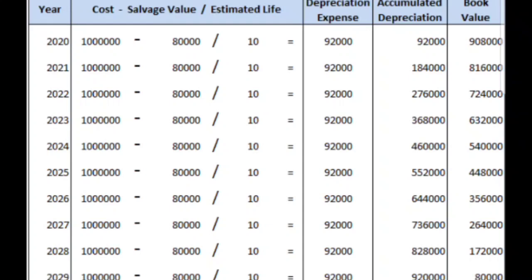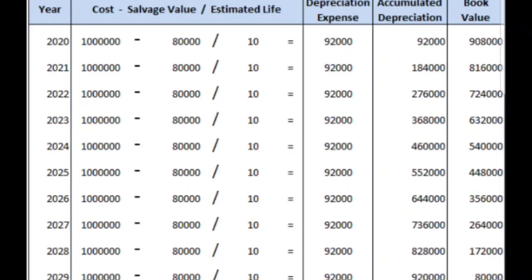Then coming to year 2, the same cost and salvage value shall be deducted, then it shall be divided by the estimated total useful life. Then we will get the depreciation expense as 92,000. Then accumulated depreciation for 2 years, the first 92 plus the second 92, shall be 184,000.